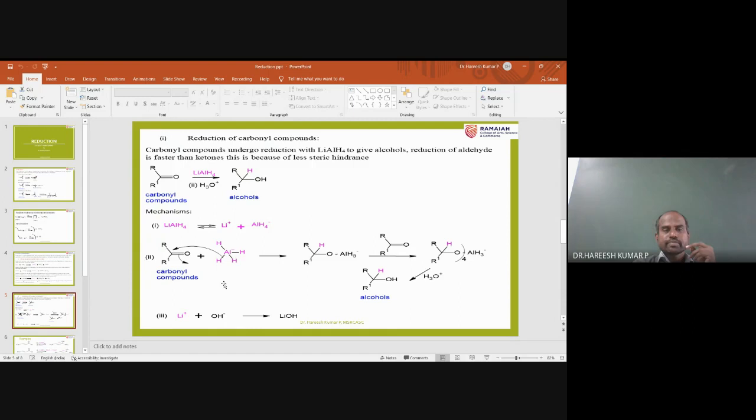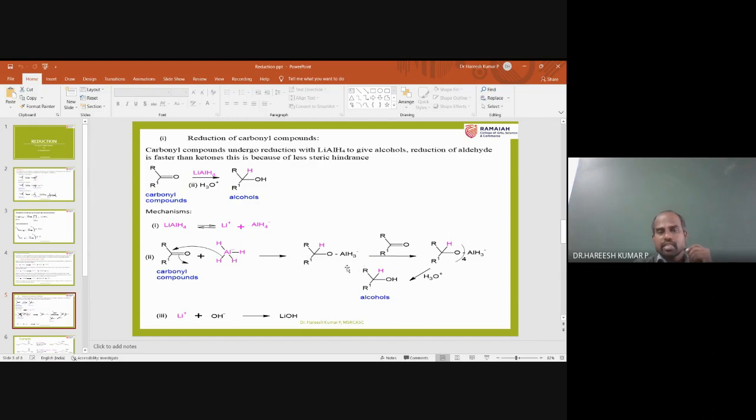So then the carbonyl compound, as I mentioned, will accept hydride. AlH4 minus means this hydrogen along with its bonded pair will transfer from here to the electron deficient carbon, and this bond pair will form a bond with aluminum. So an intermediate is obtained.